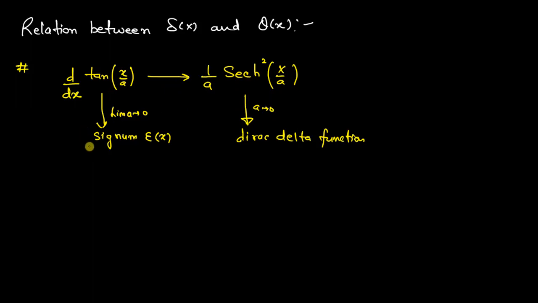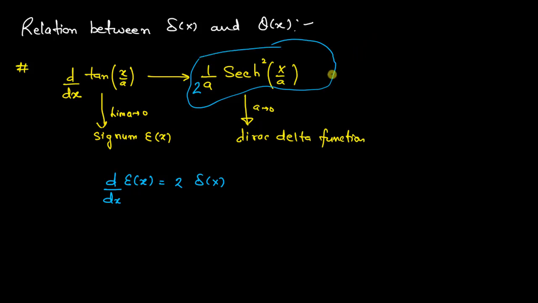So in both limits, there should be a relation between the signum function and the Dirac delta function. Actually, there is a factor of 2 over here. If you do the integration from minus infinity to infinity, the area under the curve will be 2. So to normalize it, there is a factor of 2. So d by dx of this function e of x is nothing but 2 times delta of x.